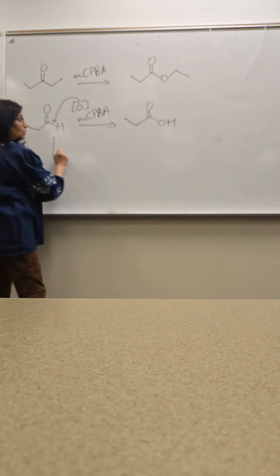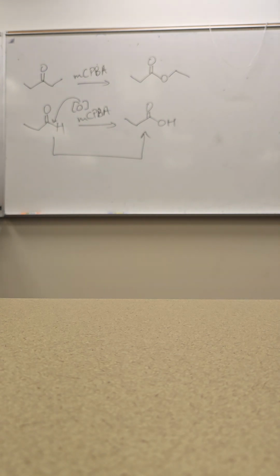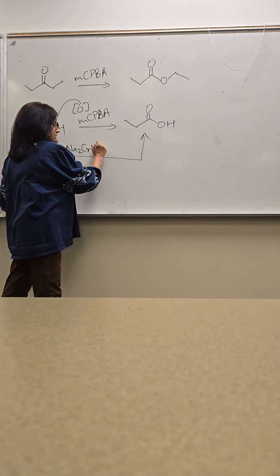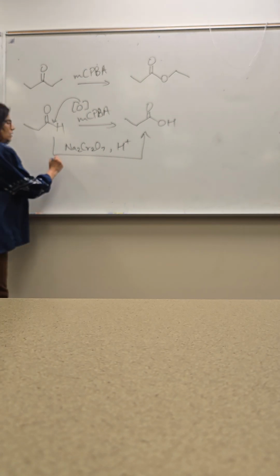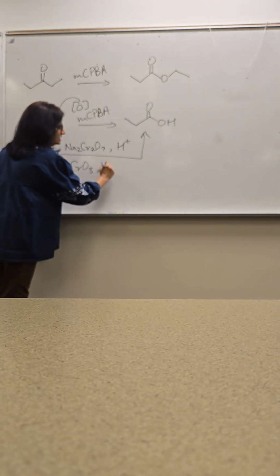Now there are other ways of converting aldehydes into carboxylic acids. Can you tell me another way that I could convert an aldehyde into a carboxylic acid, not using this method, but oxidation using what? Sodium dichromate with H plus, H2SO4, right? Or for that matter, CrO3 with sulfuric acid, it's the same thing.